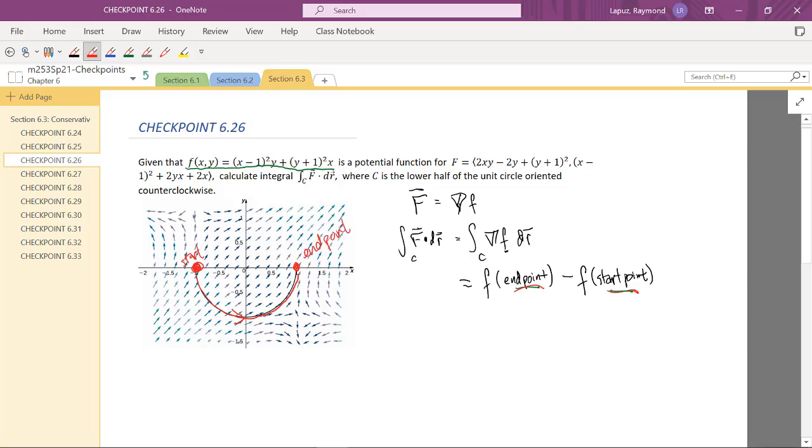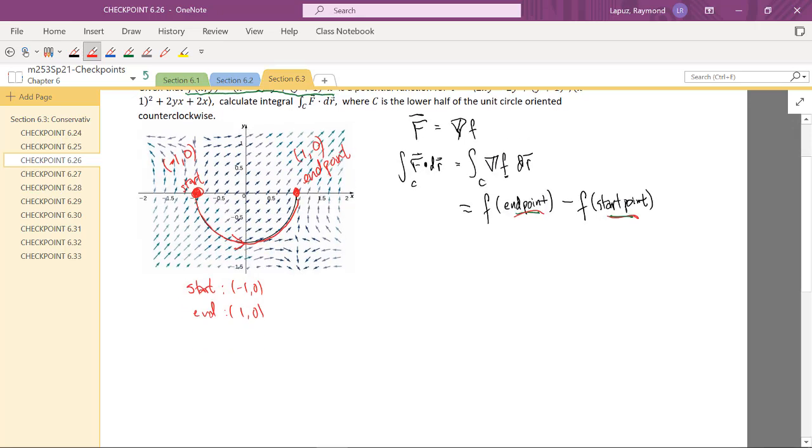So the start point is the point -1, 0, and the end point is +1, 0. Let's rewrite that. Start at -1, 0, and end at +1, 0.